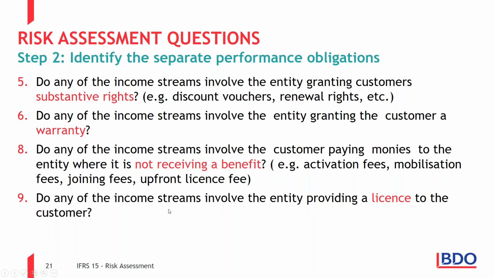And question 9: do any of the income streams involve the entity providing a license to the customer? If you're providing licenses to a customer, there's been a lot of debate around it. There's no clear guidance in the current AASB 118.